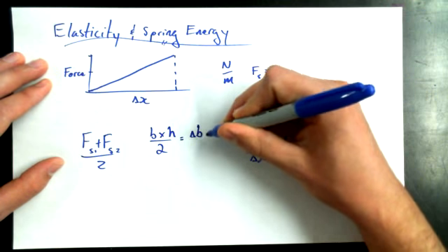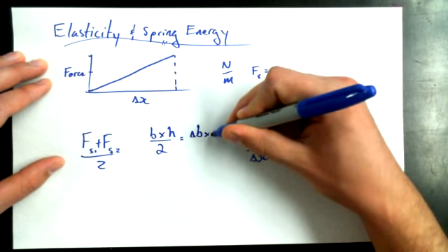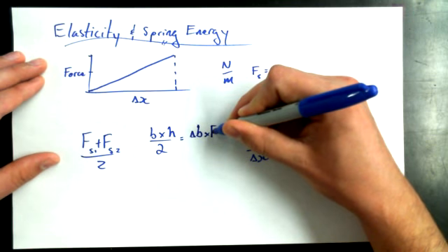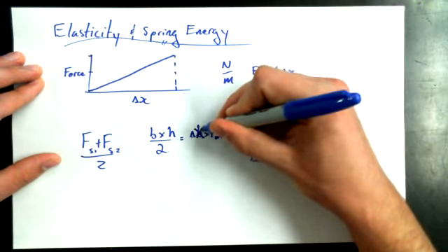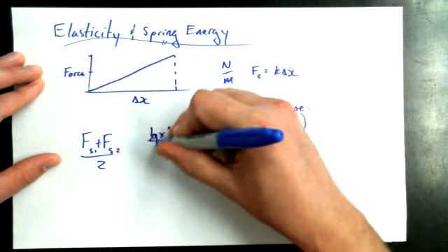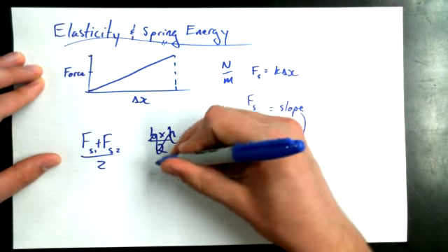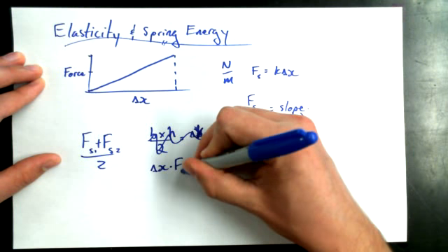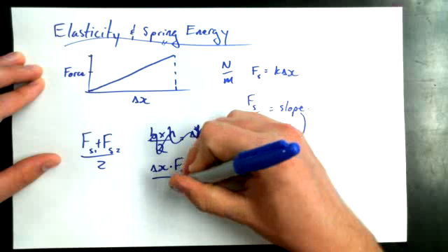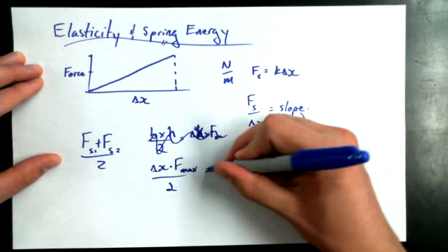Oh, sorry, delta x, not delta v. Delta x times F max divided by 2. That's going to be equal to the area.